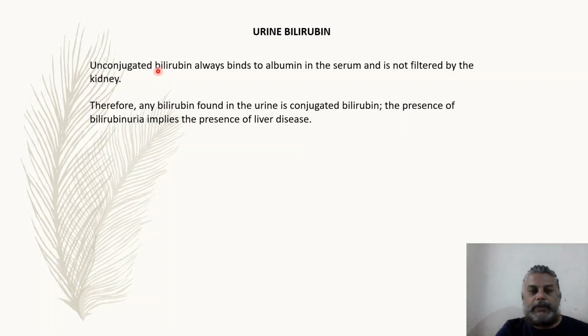Urine bilirubin: unconjugated bilirubin always binds to albumin in the serum and is not filtered in the kidney. Therefore, any bilirubin found in the urine is of course conjugated. The presence of bilirubin in the urine implies that the presence of liver disease is a must.